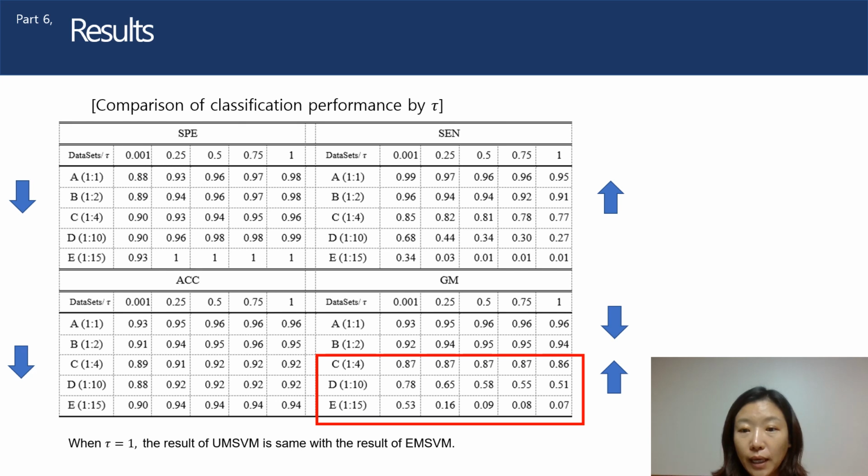For example, in datasets A and B, since the decrease in specificity is greater than the increase in sensitivity, geometric accuracy tends to decrease as tau decreases. On the other hand, in datasets C, D, and E, the increase in sensitivity was greater than the decrease in specificity, so geometric mean accuracy continuously tends to increase.